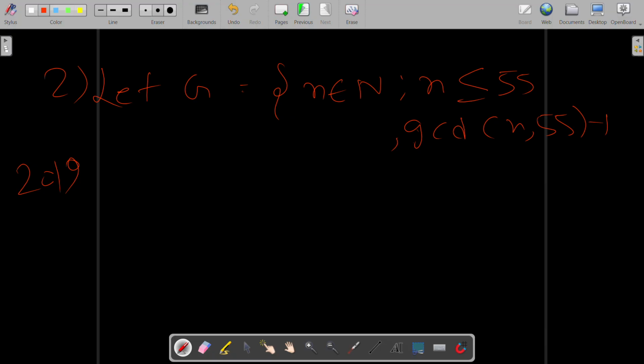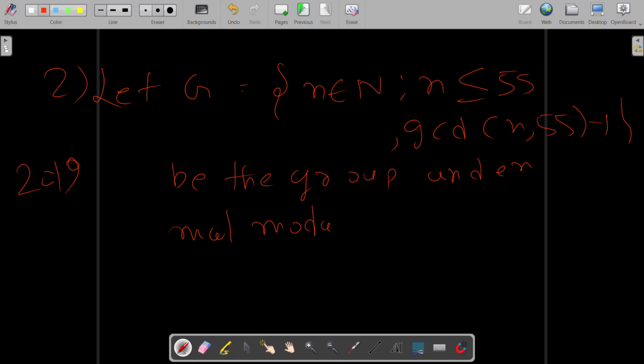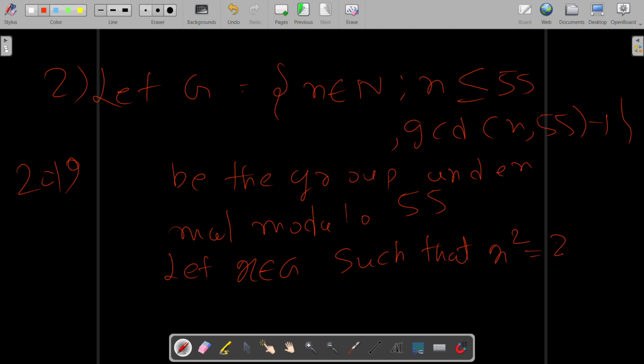Okay, let G be a group under multiplication modulo 55. Let x belong to G such that x square is equal to 26 and x is greater than 30.